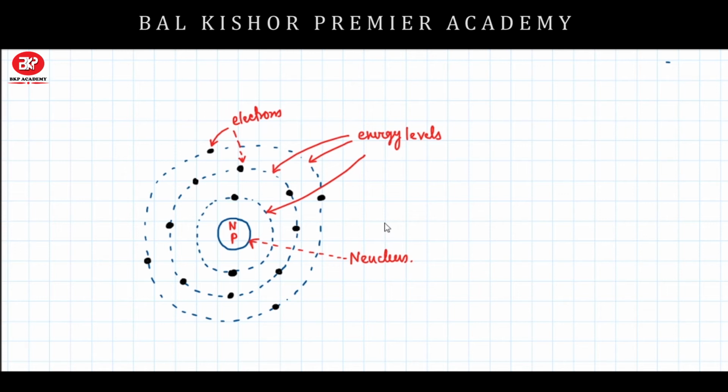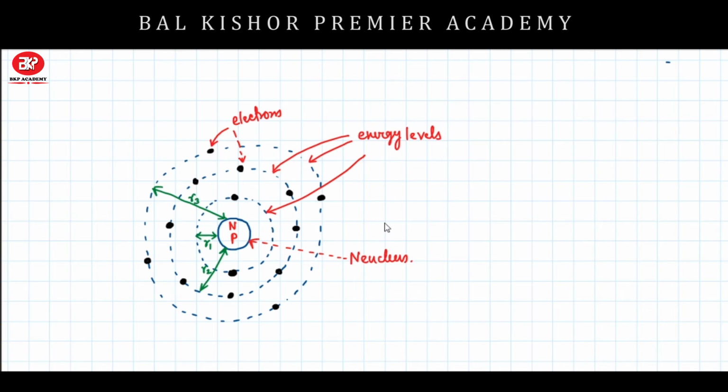Now, the radius or the distance of the first energy level is R1. The second energy level has a distance, suppose R2. The third energy level has a distance, suppose R3.